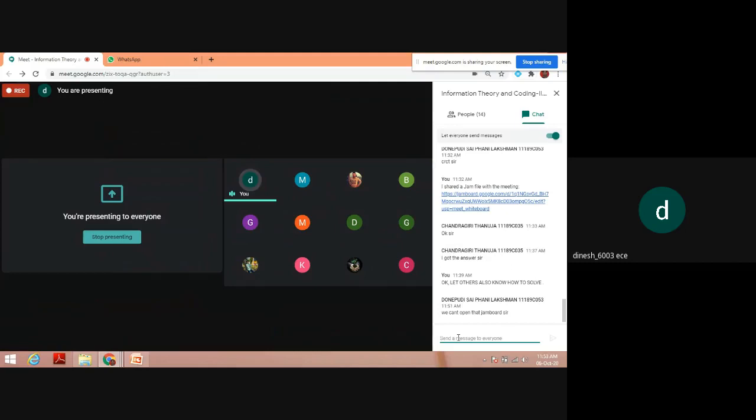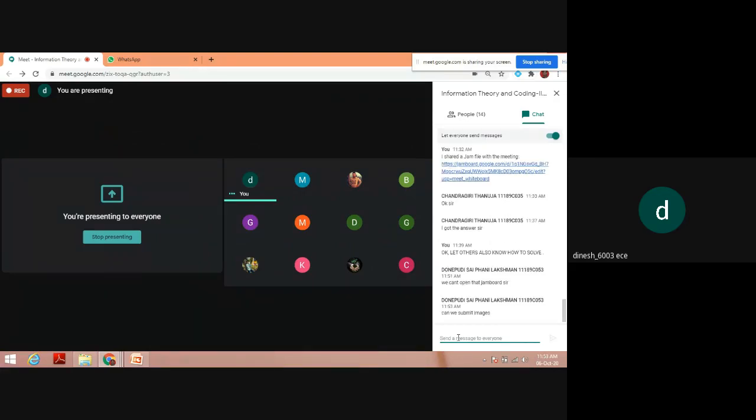Yes, Lakshman, you can't open Jamboard. When I visualize, you need to see. So the settings have not been opened for you. Since I opened the Jamboard instantaneously, it is not letting you inside. What do you want to submit, images?